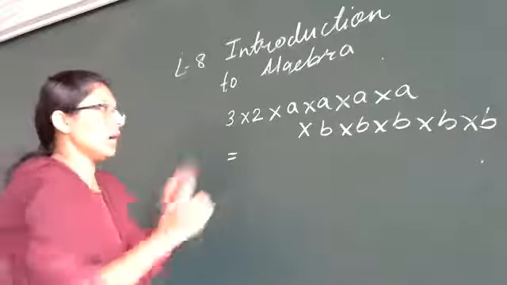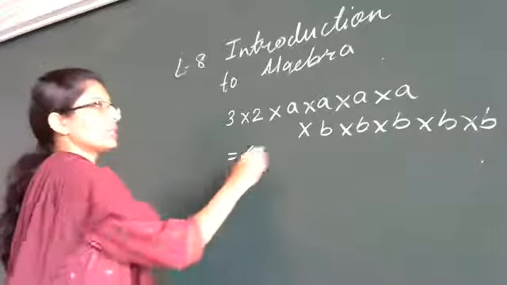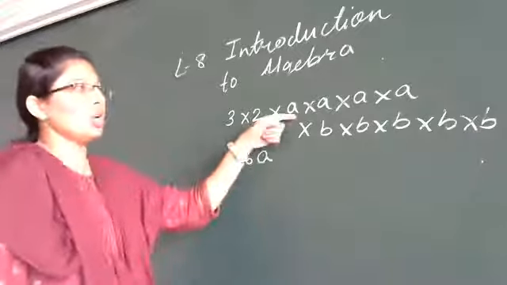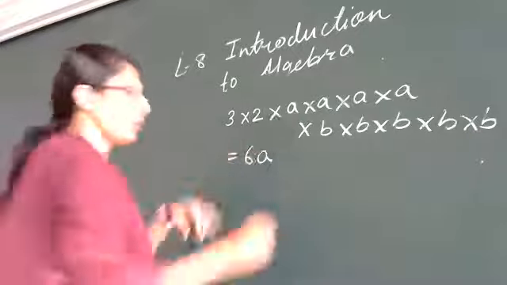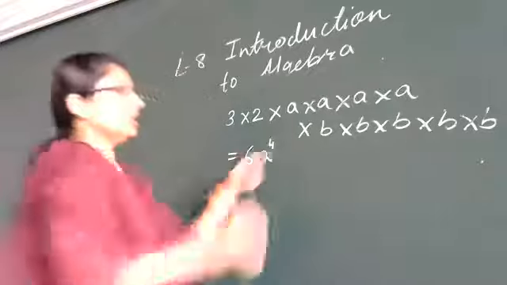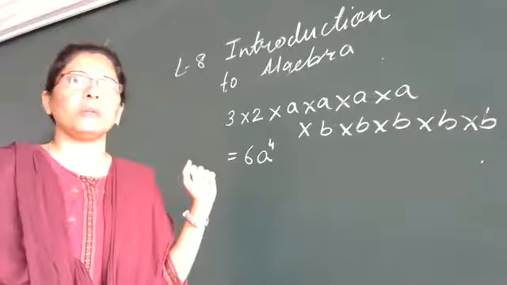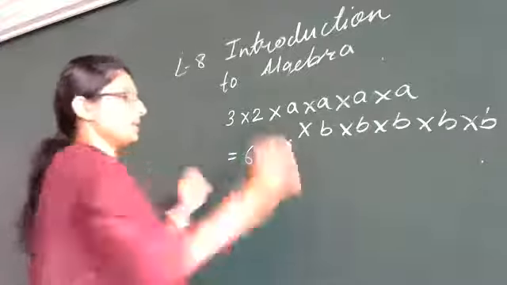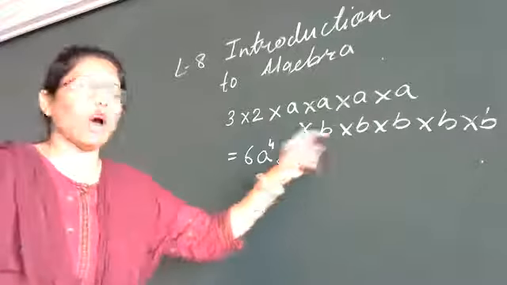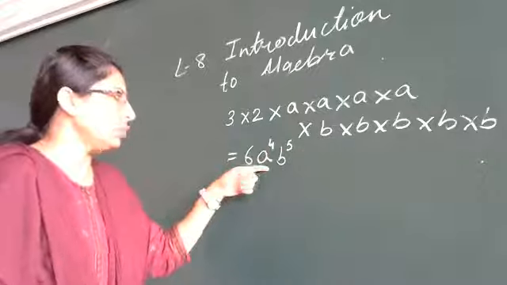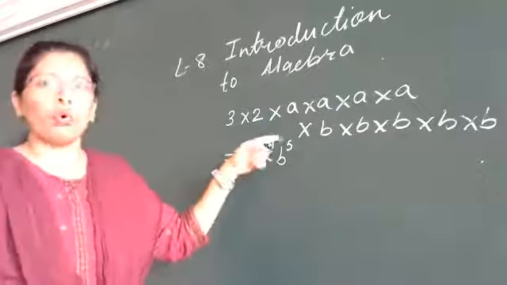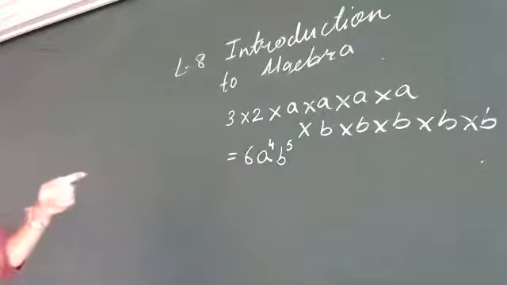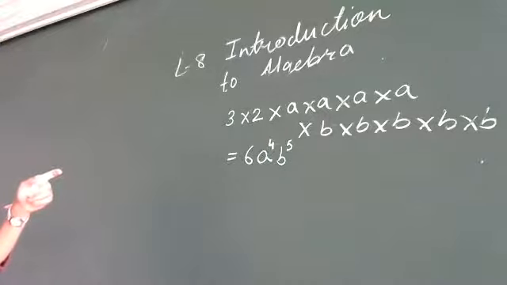So 3 twos are 6. A raised to 4, B raised to 5. B to the power of 5, A to the power of 4. Okay, this is how to write in exponential form.